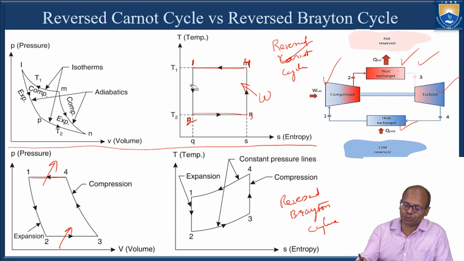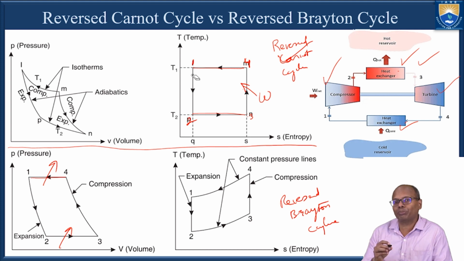Coming to this process, it is an isentropic expansion process, and here we are gaining some work. This process is developing some work. The process between 3 to 4 is consuming some work, and the process between 1 to 2 is giving some work.